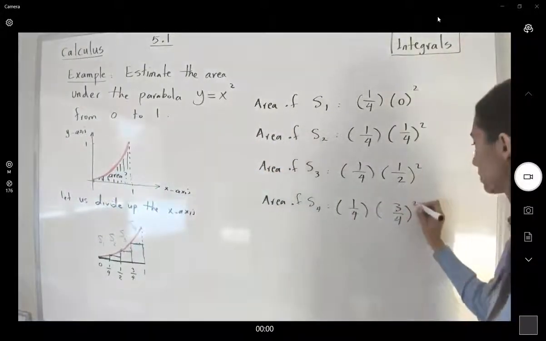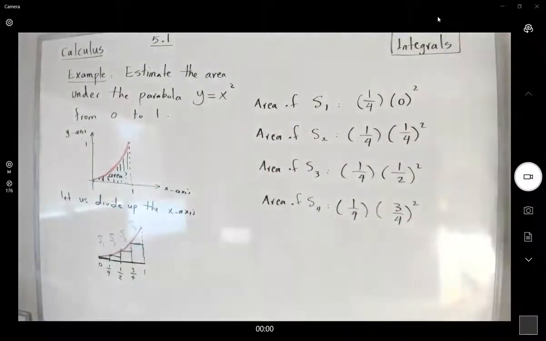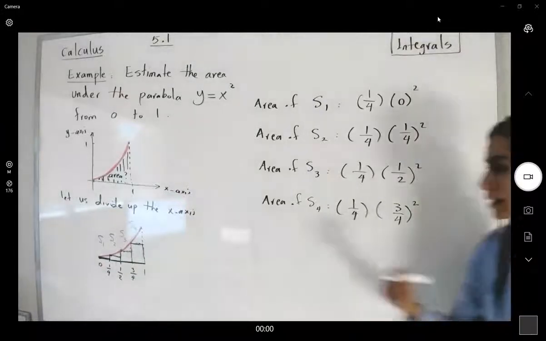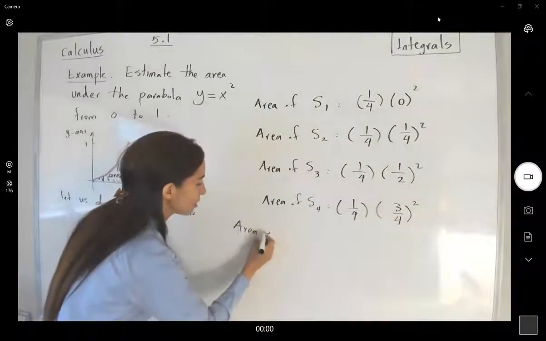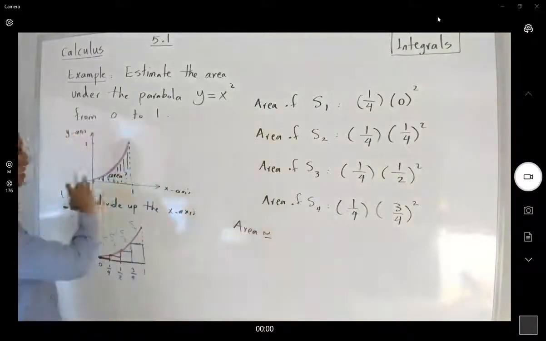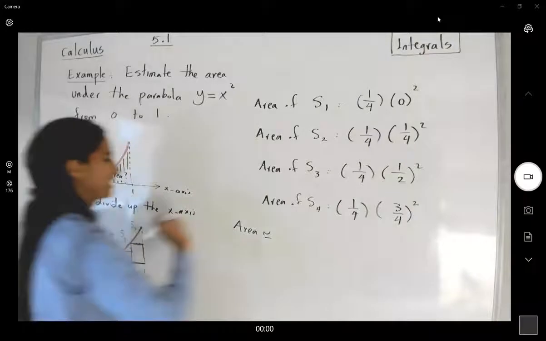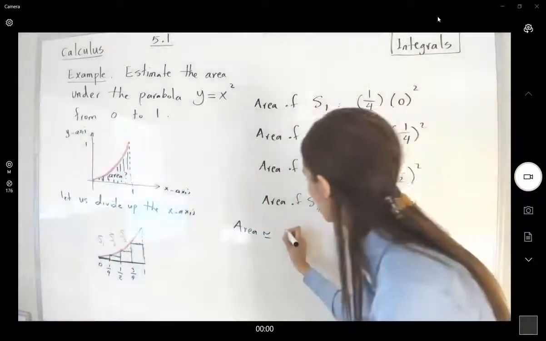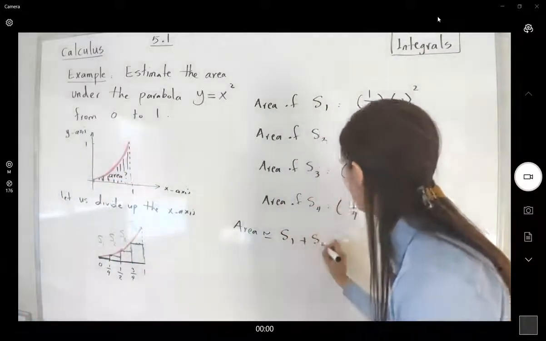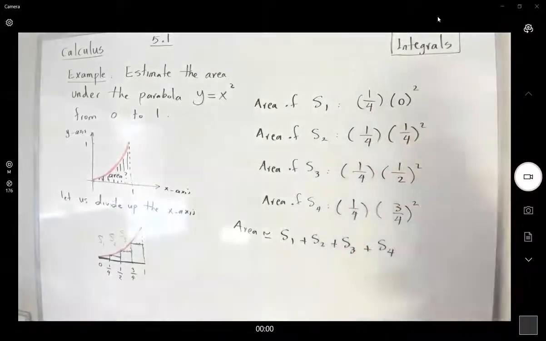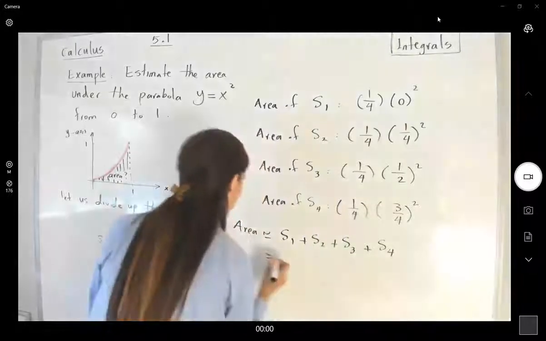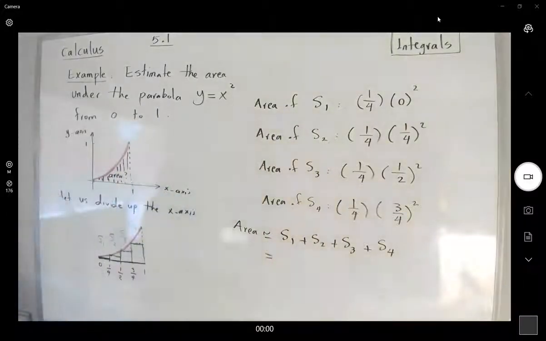Okay, again, you can add these areas together to find an approximation for the area below the curve. So it's going to be S1 plus S2 plus S3 plus S4. Approximately, this smaller area is going to be 0.2188.